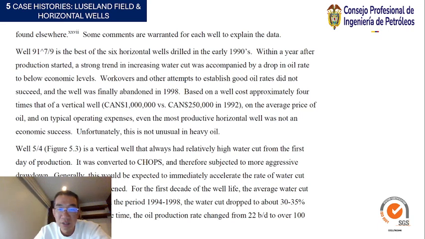For the first decade of the well life, the average water cut was approximately 50%, but in the period 1994 to 1998, the water cut dropped to about 30 to 35%, 1 part in 3. At the same time, the oil production rate changed from 22 barrels per day to over 100 barrels per day.